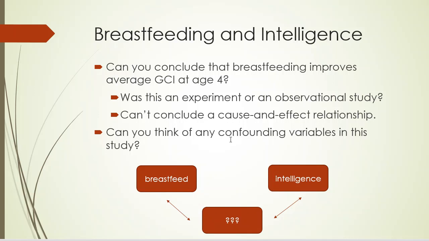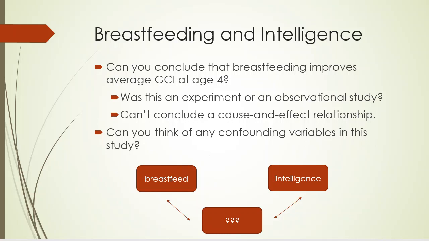It could be socioeconomic status or education of the parents. There's so many different things going on here. So a lot of people might say, oh, if you breastfeed, then boom, you increase your kid's intelligence. Well, that's not a valid conclusion from this study. We've just shown that there's an association between breastfed, bottle fed, and GCI score, at least at age 4.